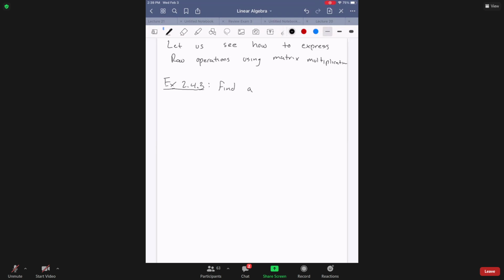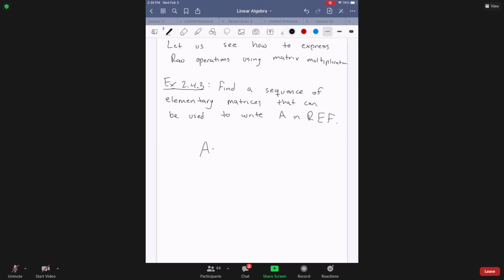Find a sequence of elementary matrices that can be used to write A in REF. I can explain it at the end, I guess, because I have a few minutes left.